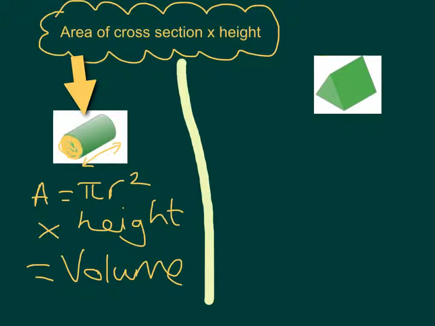Equally, this formula works with finding the volume of a triangular prism. Again, we'll find the area of the cross section and multiply it by the length or the height.